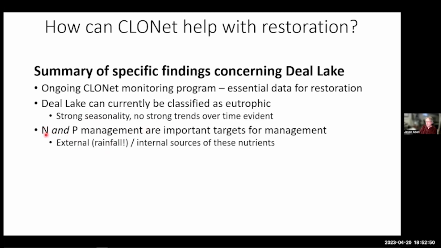I'll say that both N and P are important targets for management because we seem to get them from different sources in Deal Lake and other coastal lakes, and there are examples in the literature of management plans focusing on one or the other, and looking at problems down the line with changing nutrient ratios by just focusing on one or the other.